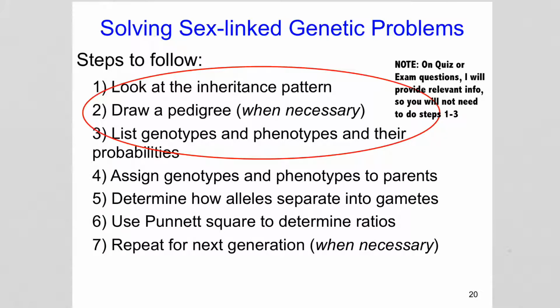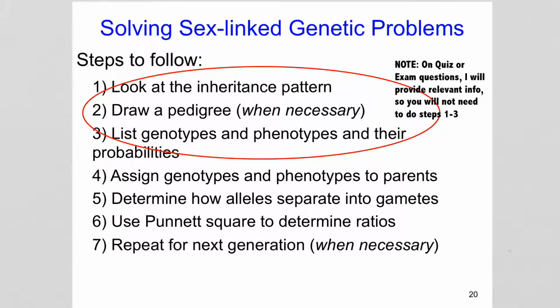So the steps that we would take if we didn't have any information at all, when you're a genetic counselor and you're working through, you're trying to determine what the condition actually is that you're studying. So you take a look at the inheritance pattern, and to do that, you can even draw out a pedigree.